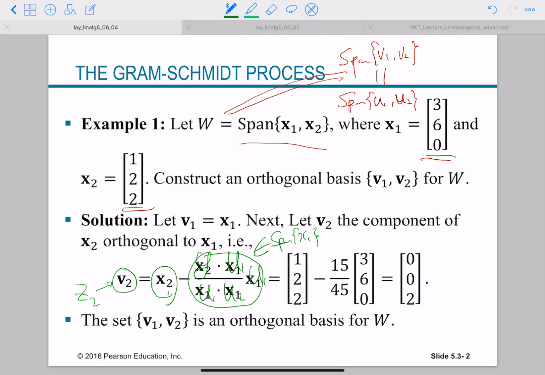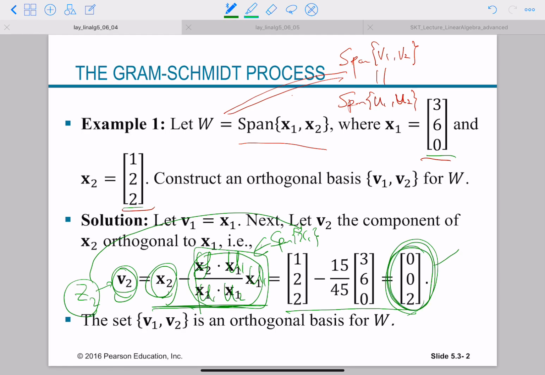And then x2 is decomposed into this part and also this part, which is orthogonal to x1. And z2 or v2 is obtained in this form. So if we obtain this, let's verify it is orthogonal to x1, and of course this is orthogonal to x1, right?